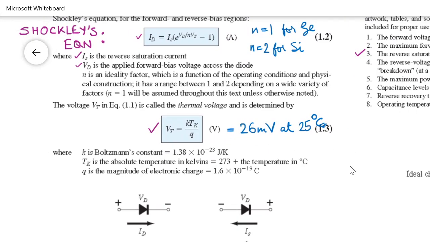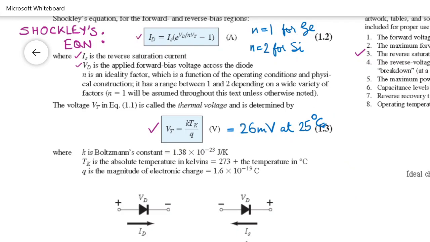In this particular device called diode, the variables are the applied bias voltage and the current through the device. So ID and VD are the different variables, and the relationship between ID and VD is the diode characteristics.